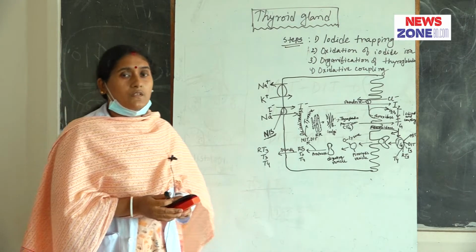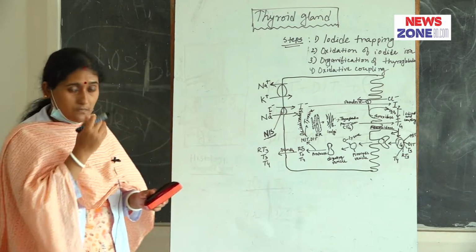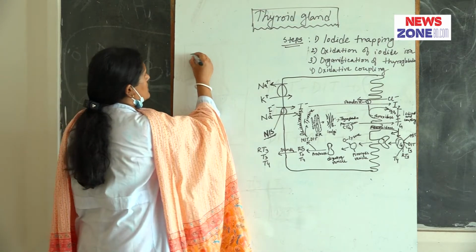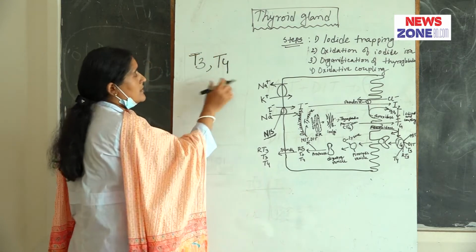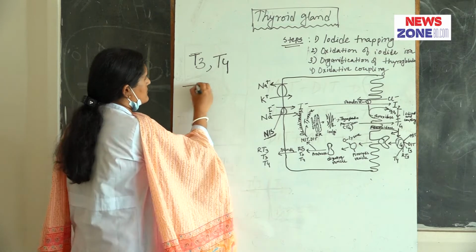Now, the follicular cell secretes T3 and T4. Now I will tell the difference between T3 and T4.